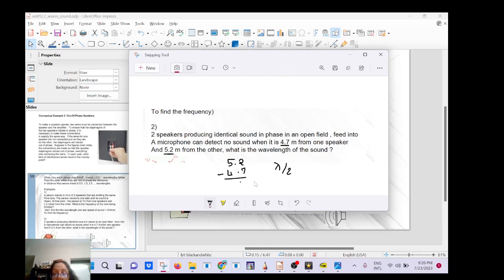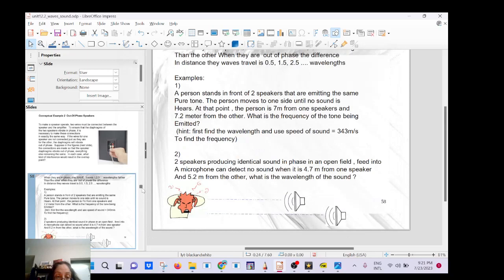So you multiply by 2, right? So that's going to be 0.5 meters. So that means the wavelength is going to be 1 meter, right? Okay, let's do another one.